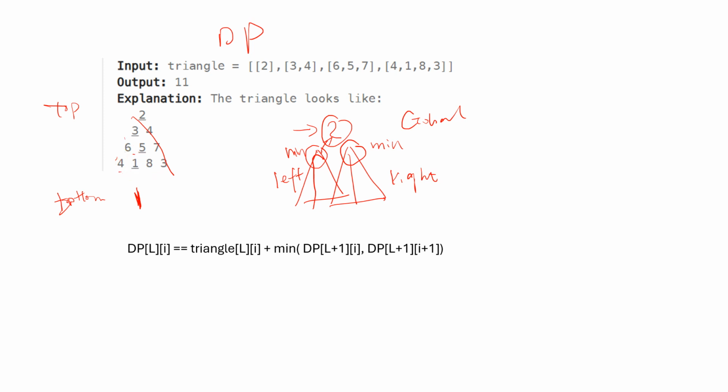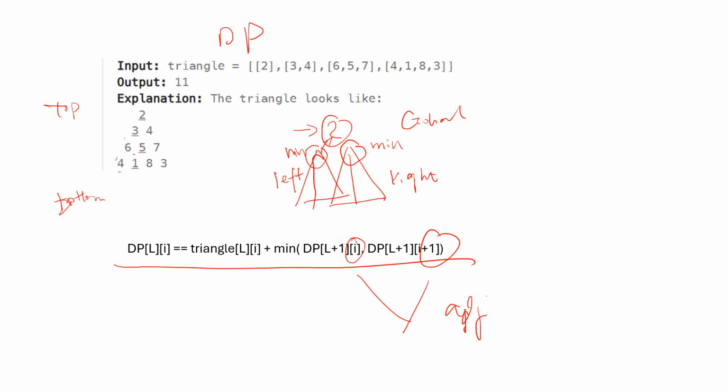With this idea, we can write this formula. That means for the lower-level elements, i and i plus 1, because these are the adjacent values we are allowed to use, we pick the minimum from those. That corresponds to this one, and we pick the minimum, which equals 1 here. Then we go one level up to find the original value in the triangle.